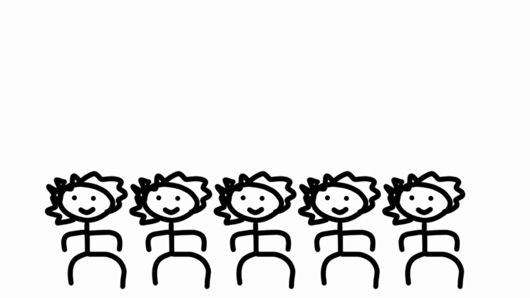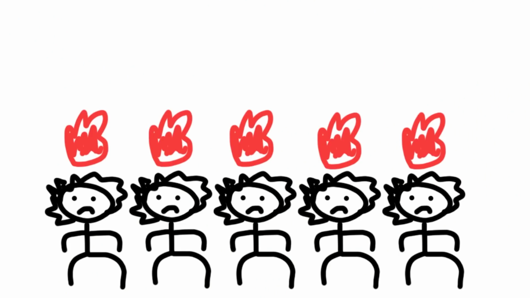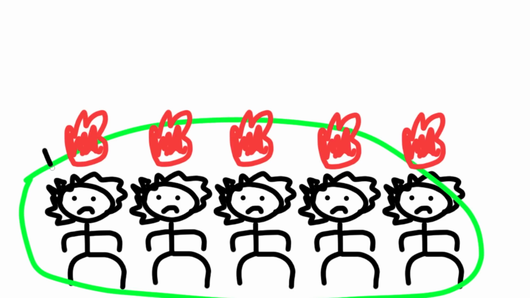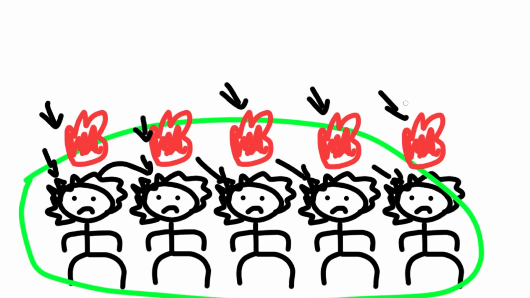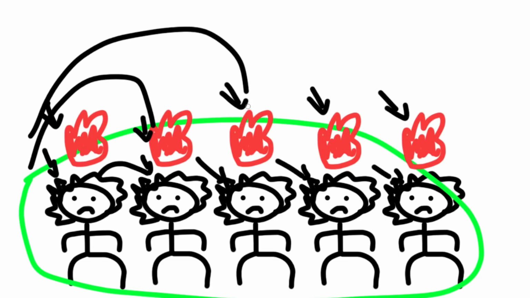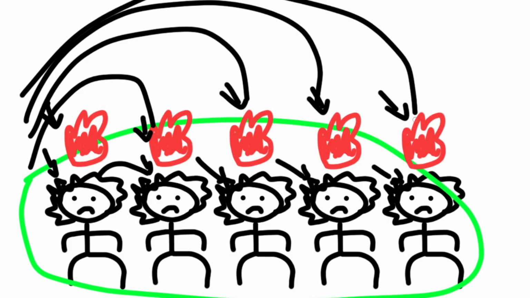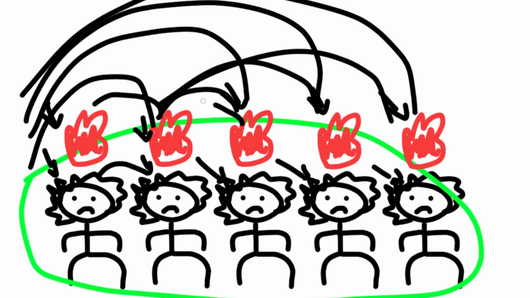So for example, if 5 hilichurls are affected by Pyro and you Swirl the 5 of them, there will be a total of 25 instances of Pyro damage applied to the 5 hilichurls, because hilichurl 1 will be hit by its own instance of Pyro Swirl, but hilichurl 2, 3, 4, and 5 will also get hit by hilichurl 1's Pyro Swirl, and hilichurl 2 will get hit by its own Pyro Swirl, but hilichurl 1, 3, 4, and 5 will also get hit by hilichurl 2's Pyro Swirl, hence making it a giant hurricane of death as the element continuously bounces back and forth between the enemies until the infusion runs out or the enemies die. This is where Swirl gets really scary.